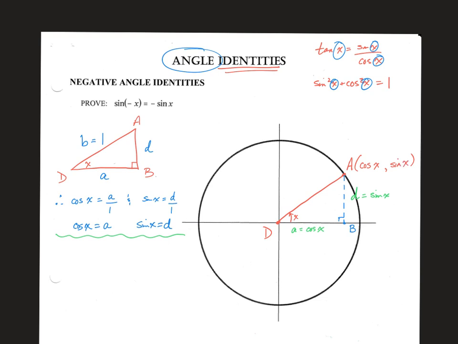Now, perhaps that's the sort of thing that you didn't address last year. And that's okay. We can see why it's the case now. But maybe we were unaware that we could actually label the coordinates of any point in our unit circle as cos X, sine X. Now, I'm just going to clean up and get rid of that green because we can actually see that property on the triangle outside the circle.